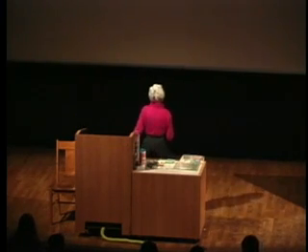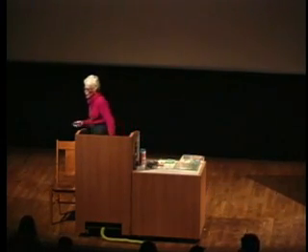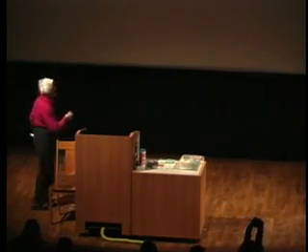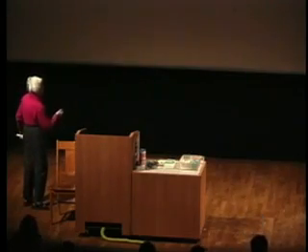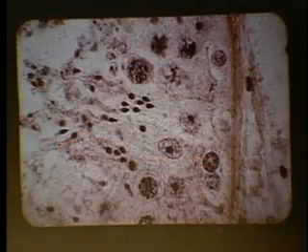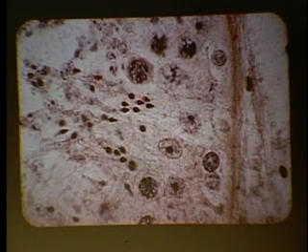All right, you can tell that this is the germinal epithelium, the outer lining of the seminiferous tubule, and we have the different stages of development. Here's some sperm that have their heads in a Sertoli cell, and the sperm then are going to be sloughed off into the lumen and carried through the duct system.